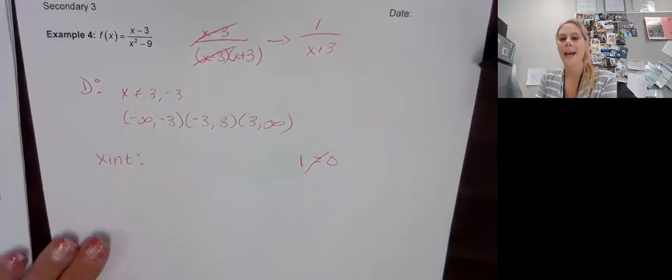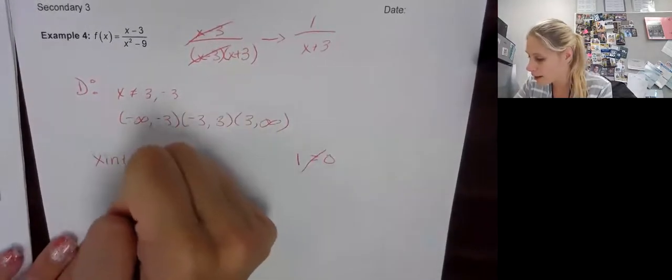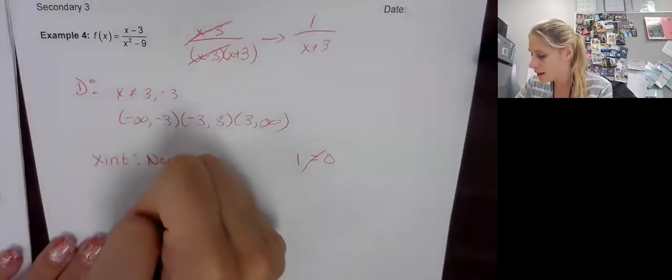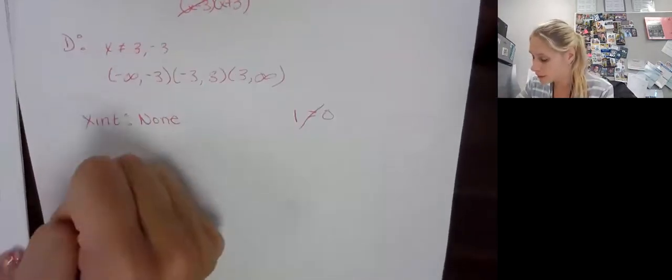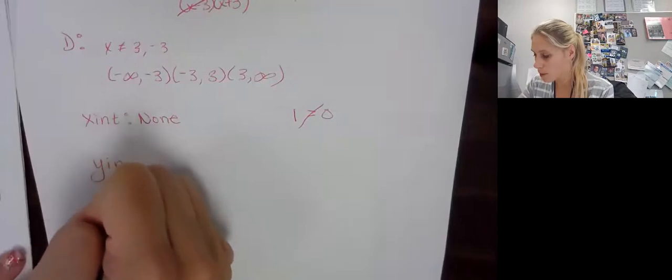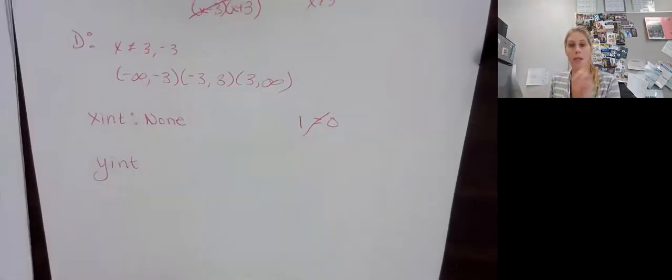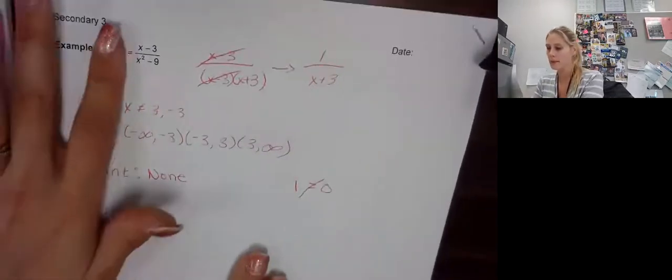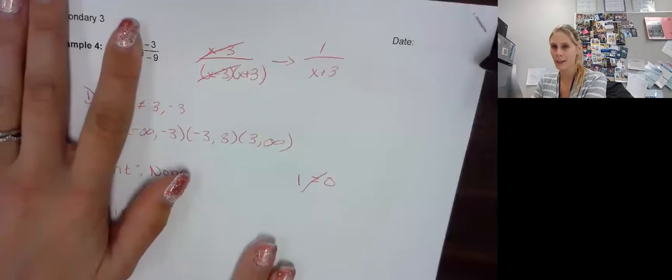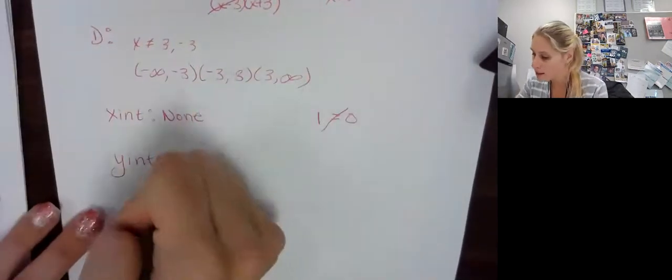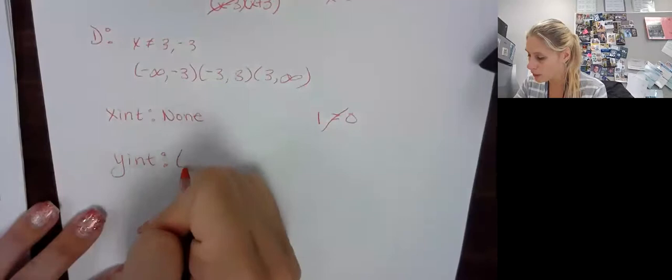And since it can't happen, it must be that there are no x-intercepts. Y-intercept. Remember, y-intercept is when we cover up our x's, because x is 0. So I get negative 3 over negative 9. If we reduce that, we get 1/3.